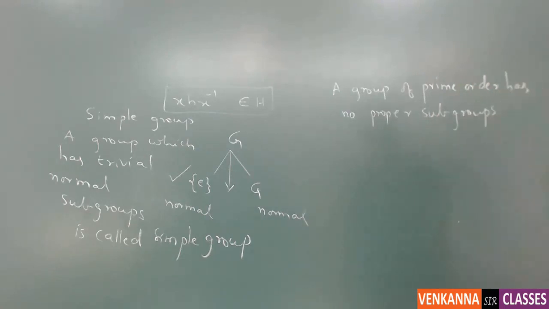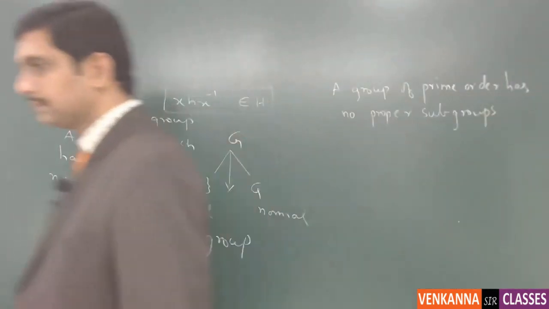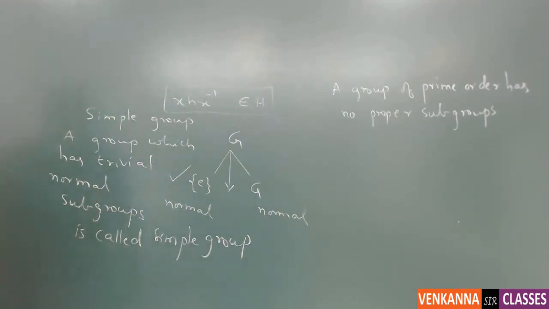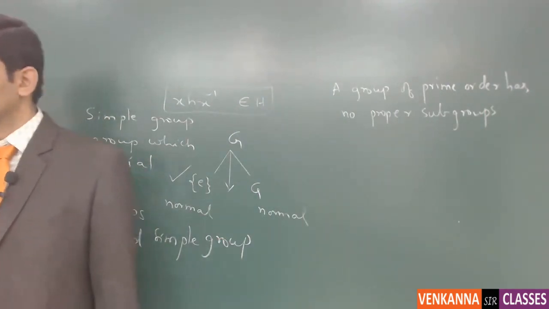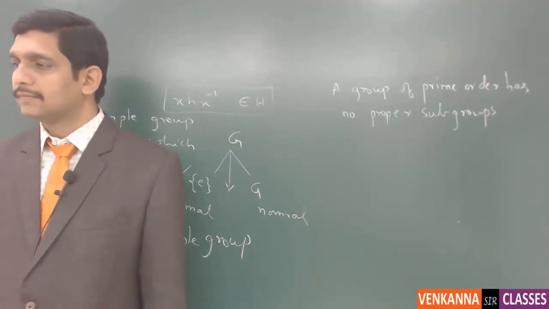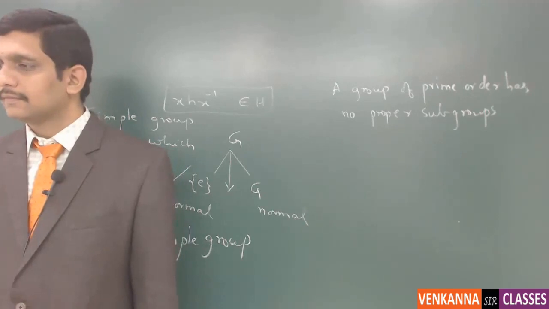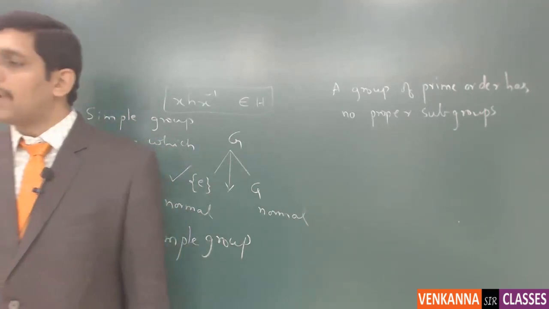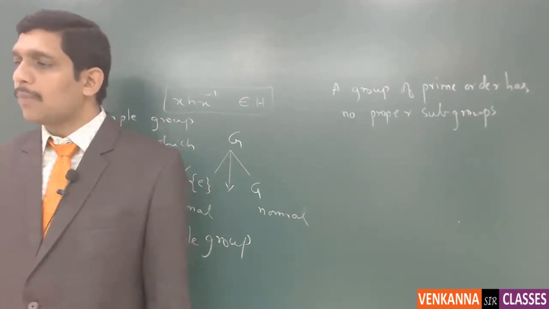Can you check this problem? This we discussed in the previous class. All of you agree with that? A group of prime order has no proper subgroups.